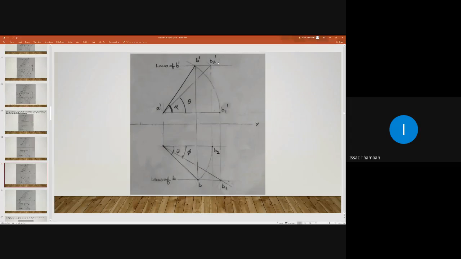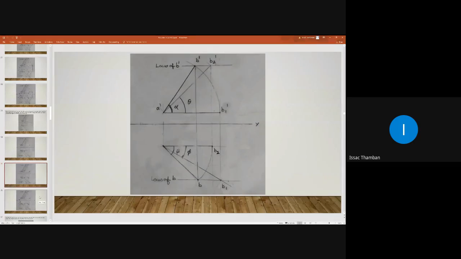That means A dash B2 dash and AB1 must be the same. If they are different, then there must be a mistake. 1 or 2 mm can be tolerated, but above that, it is a mistake. It must tally. So we obtain the first part of our problem.